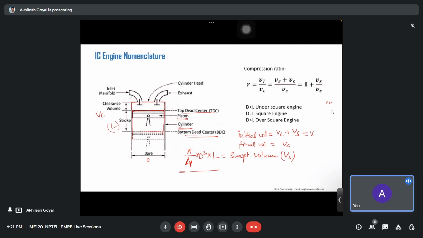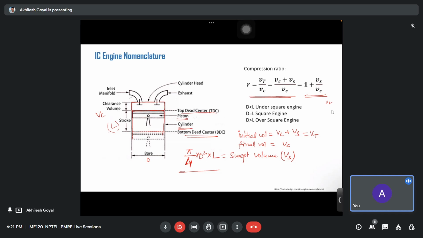This can be written as 1 plus Vs by Vc. So the compression ratio is a very important parameter in the case of an internal combustion engine.